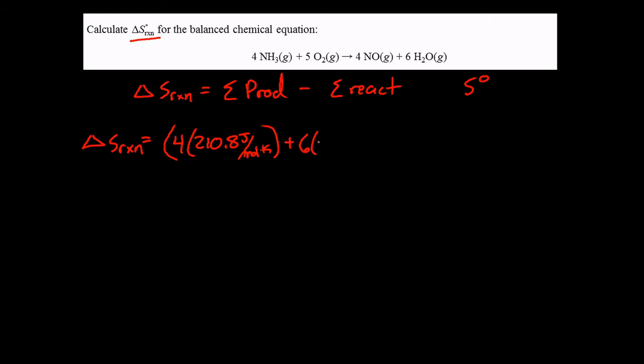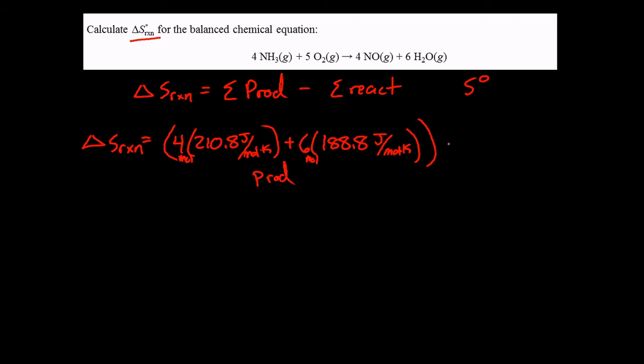So we have 6 times 188.8 joules per mole K. These units of moles, by the way, are going to go away, because we have 4 moles of NO and 6 moles of water, so the units of mole are going to go away here. So that is all of our products.